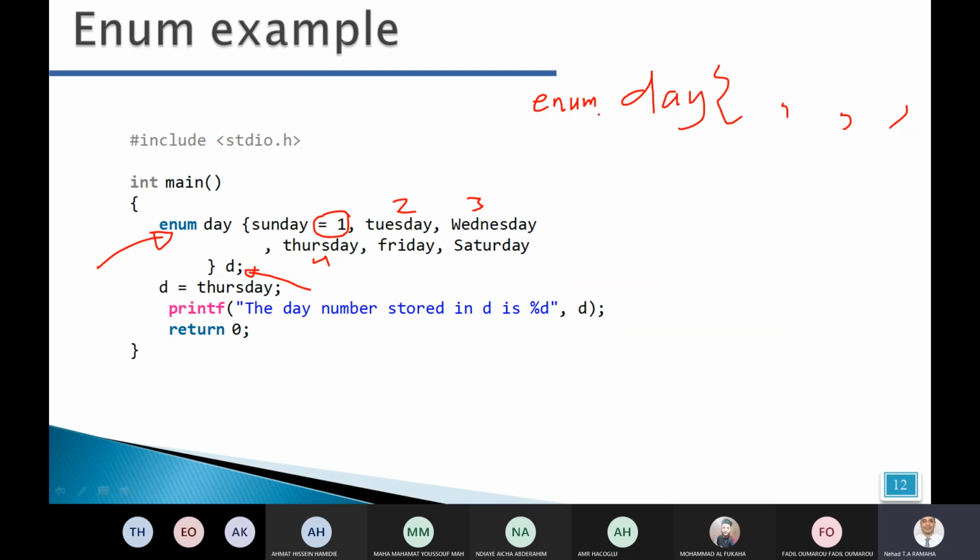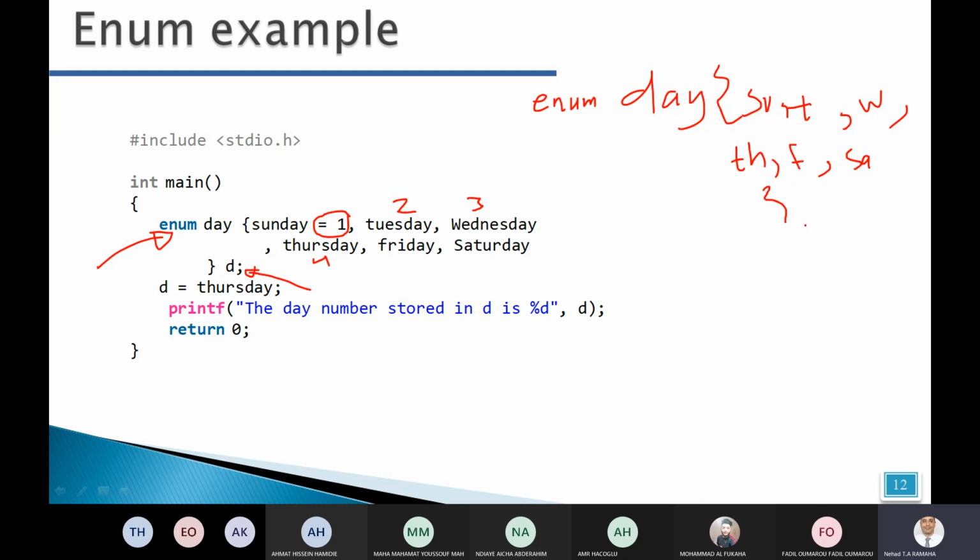If we have enum days: Sunday, Tuesday, Wednesday, Thursday, Friday, Saturday.